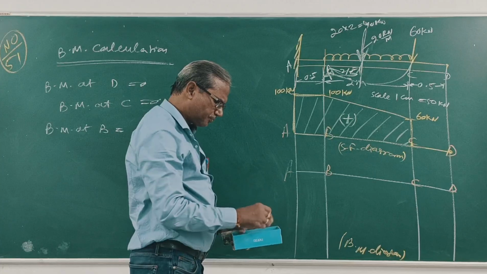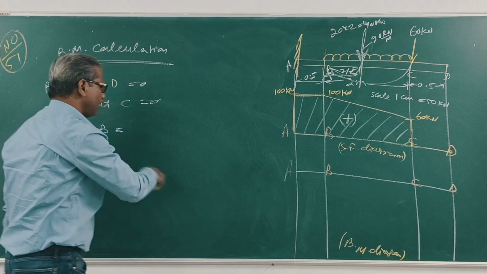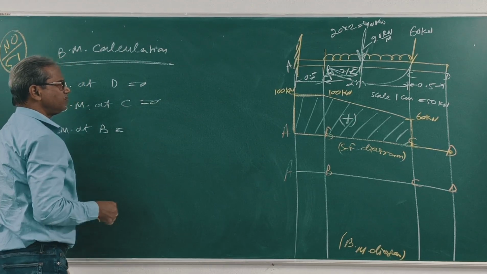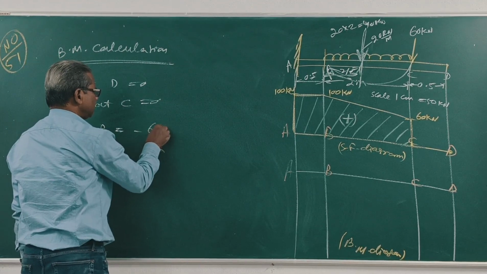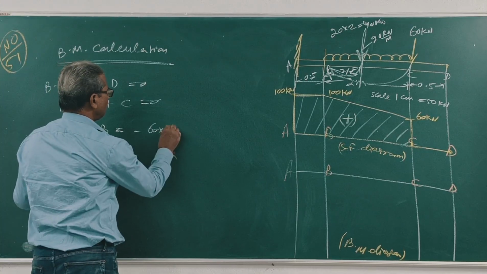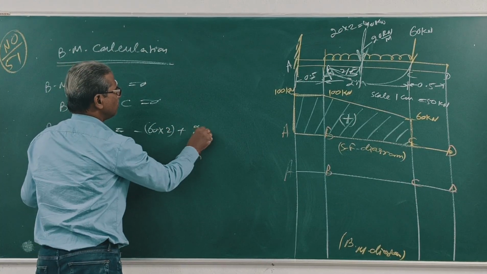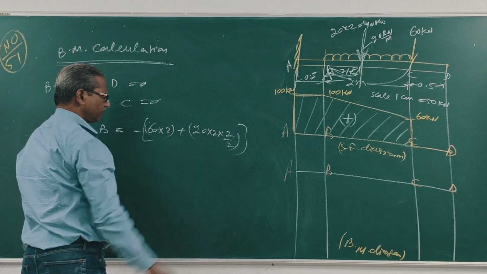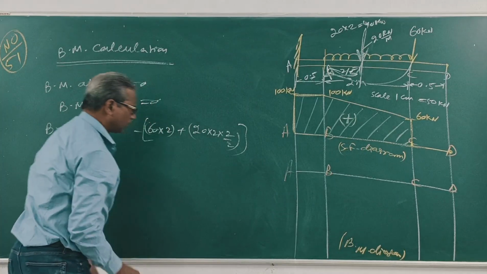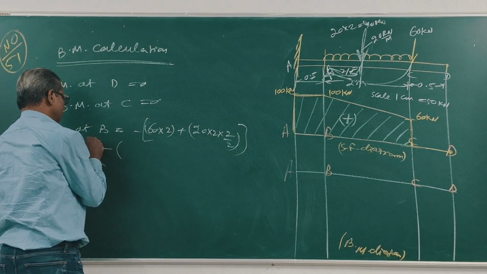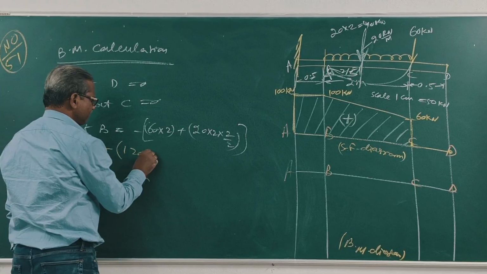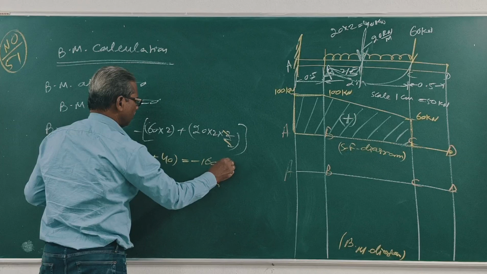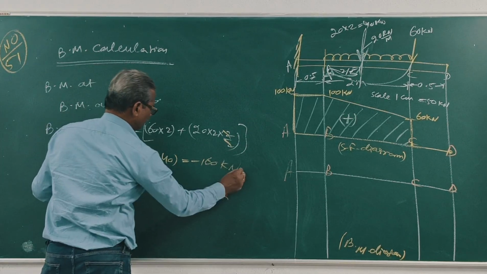Right. This is a downward moment, clockwise, negative: minus 60 into 2 plus 20 into 2 into 2 by 2. Both are negative. Clear? So this is minus 120 plus 40, minus 160 kilonewton meter.